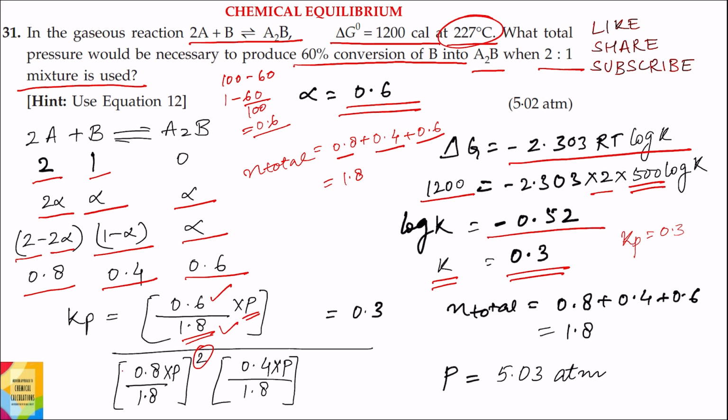Partial pressure of A is moles of A at equilibrium divided by total number of moles into total pressure, into partial pressure of B. Partial pressure of B is moles of B, that is 0.4, divided by total number of moles, that is 1.8, into total pressure. Now this is equal to 0.3. Solving, the value of total pressure is equal to 5.03 atmosphere.